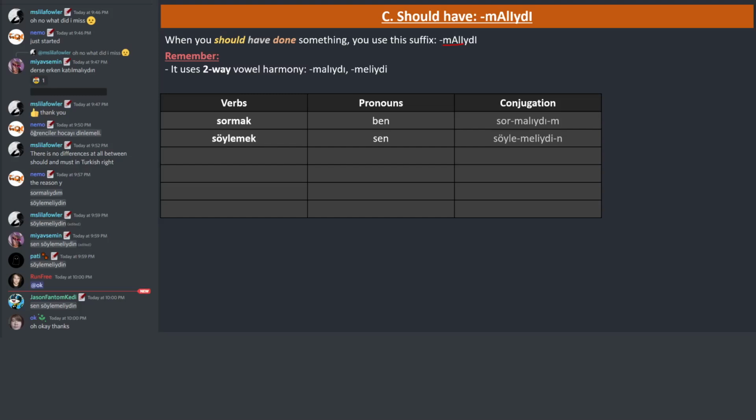Söylemeliydin. I'm not separating malıydı, meliydi into smaller parts because I feel like that will be only overcomplicating things. You can just go with them as one suffix. You just need to understand the logic behind it. So if you think about it, I should do something, but it is either for the present or for the future.